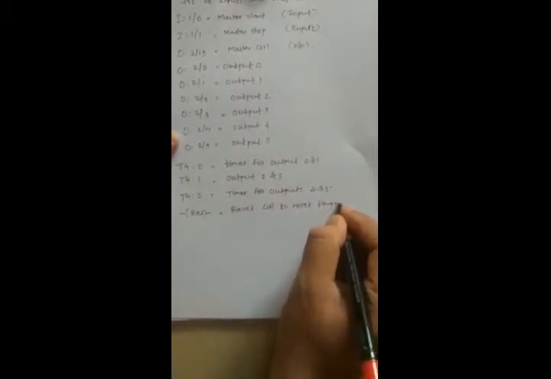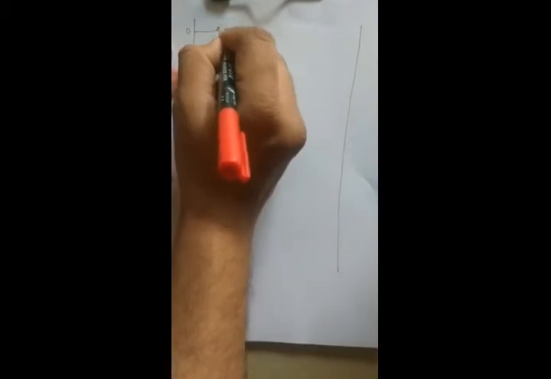So in this way you have to list out all the inputs and outputs which we are going to use in the ladder diagram. Now we are going to start drawing the ladder diagram. First draw two rails, left rail and right rail. We will start from rung 0. We will require one normally open contact.